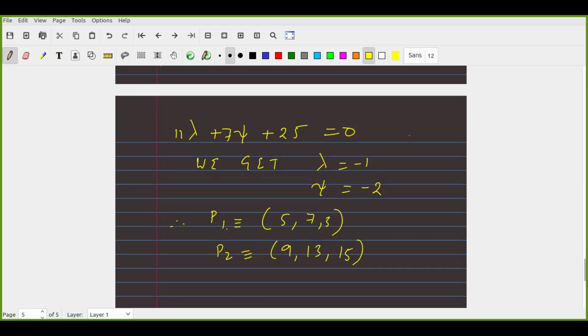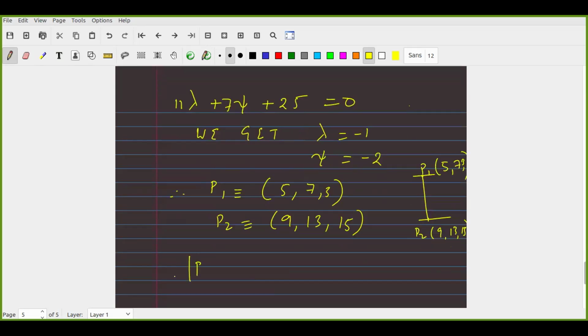Because you have the coordinates of P1 and P2, it's easy to get the distance. That is the shortest distance. Therefore the magnitude of the P1, P2 segment is 14. You can just confirm that. So that's your easy method according to me. I'll end the practice session here. Thank you.